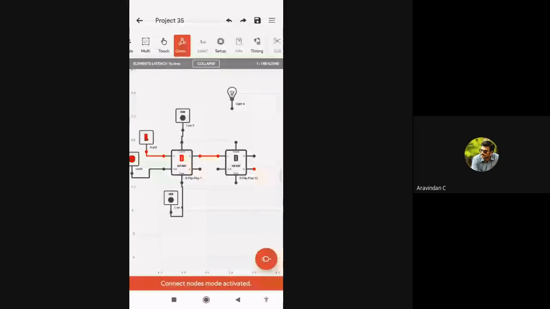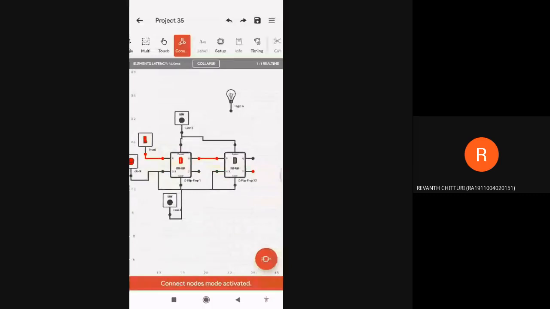Similarly, the preset I'm going to take from here, and the clear I'm going to take from here. And also the clock, I'm going to take from here to the next clock. So every clock is interconnected. I'm going to have only a single clock, but every flip-flop is going to get activated simultaneously. Okay, now I'm going to connect the bulb here.